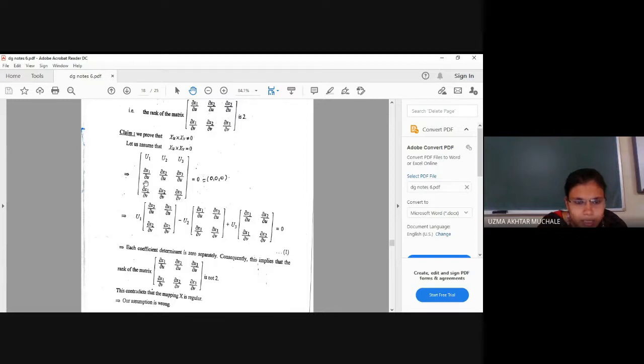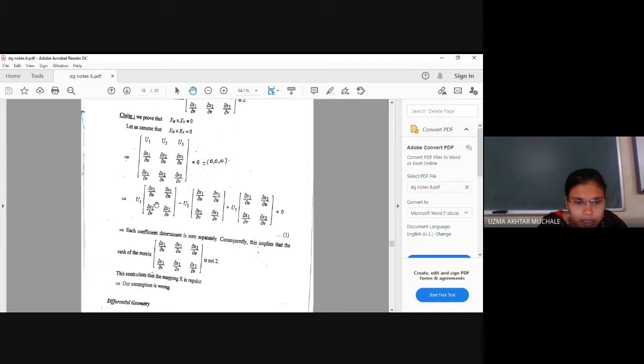Now if you evaluate this determinant, u1 stays as it is, and we can find the determinants of the coefficients. This will be equal to 0 only if all the coefficients of u1, u2, u3 are equal to 0. But this is not possible, because if each coefficient determinant is 0 separately, then it implies that the rank of the matrix is not equal to 2.